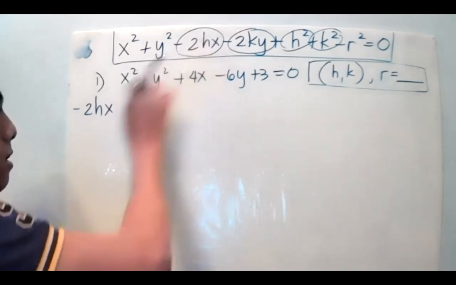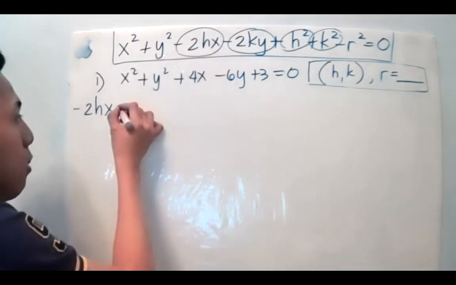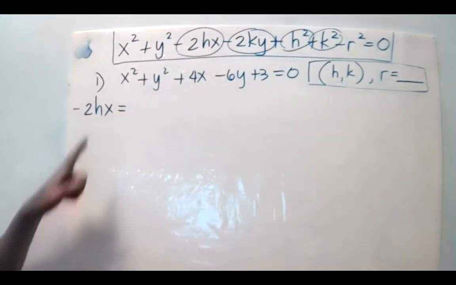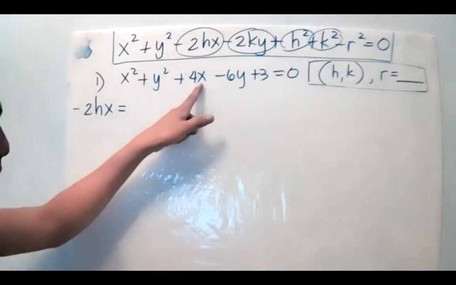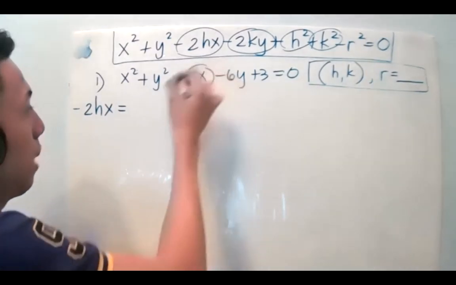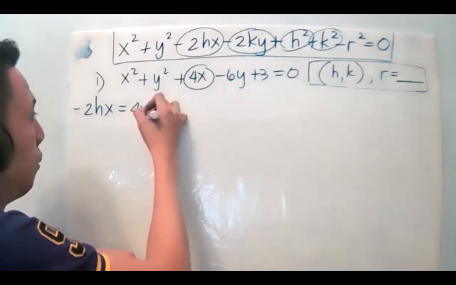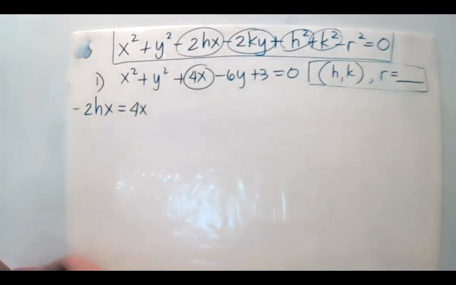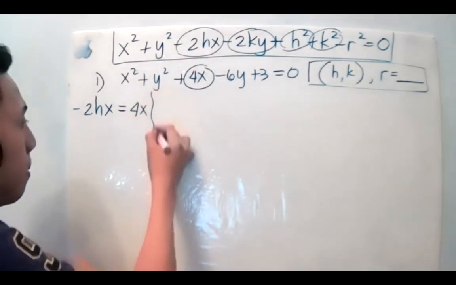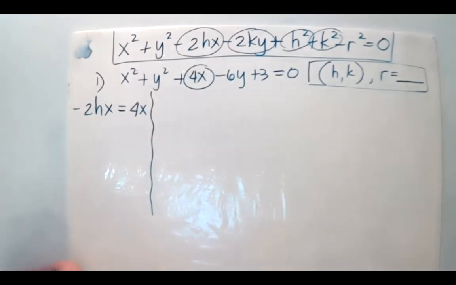I equate it: equals. Our given with x is 4x. So I will copy 4x here. Okay, this is the first one.